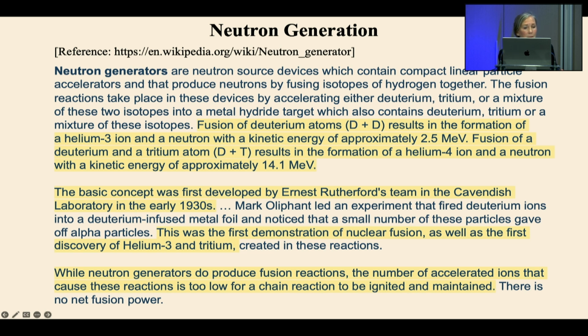The basic concept was first developed by Ernest Rutherford in the early 1930s. This was the first demonstration of nuclear fusion, as well as the discovery of helium-3 and tritium. While neutron generators do produce fusion reactions, the number of accelerated ions is far too low for ignition to be maintained. There is no net fusion power.